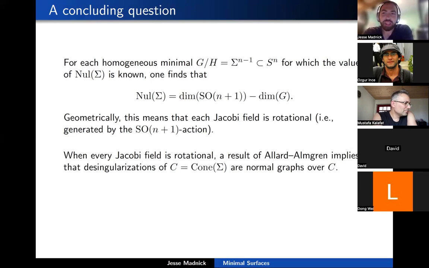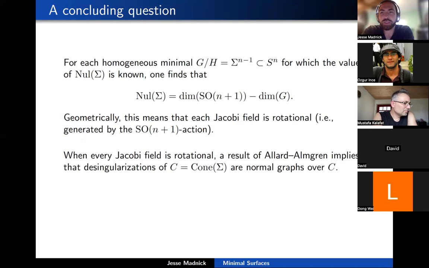And there's a nice consequence of this from the point of view of geometric measure theory. A result of Allard and Almgren says that whenever you have the property that every Jacobi field on sigma, a hypersurface in S^n, is rotational, then the desingularizations of the cone are all normal graphs over the cone.